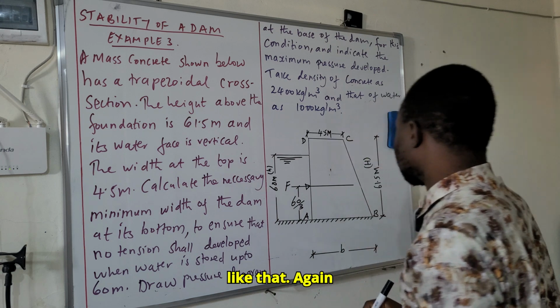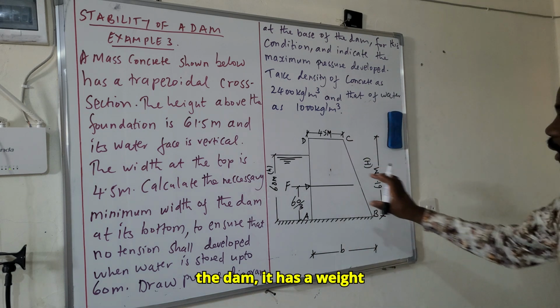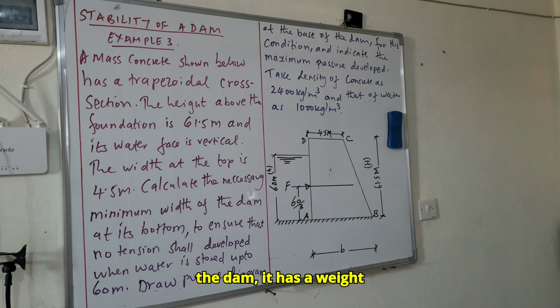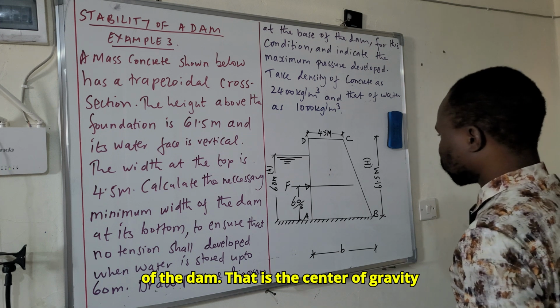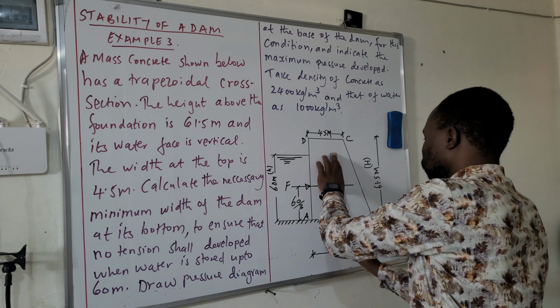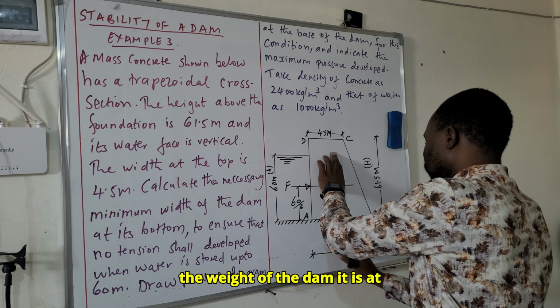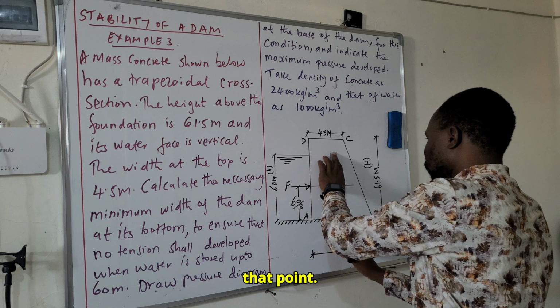Again, the dam has a weight W acting at the COG of the dam, that is the center of gravity of the dam. Let's assume the weight of the dam is at that point.